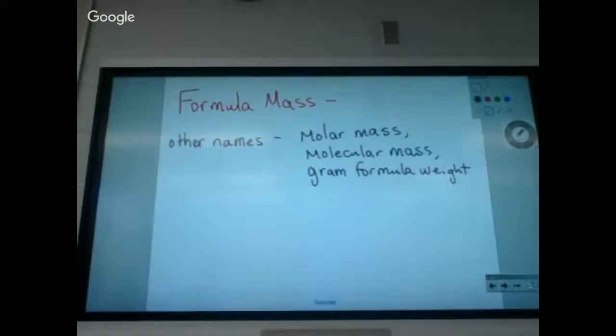All right, so formula mass can also be called molar mass, molecular mass, gram formula weight. There's probably a couple other names I don't even remember that I've seen it called.